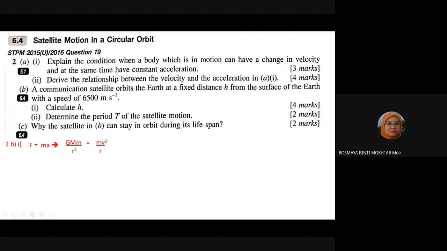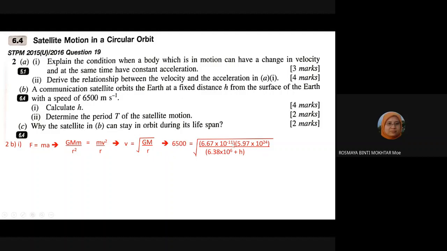That's why we choose v squared per r. We didn't choose v omega, or m r omega squared. Now cancel the m, cancel the r. We get v equals square root of GM per r. Now we substitute the value of speed, 6500.